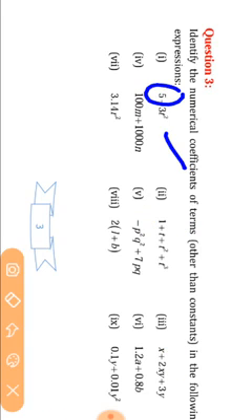Here also all are with the variable. Other than constant means except variables, which are there.